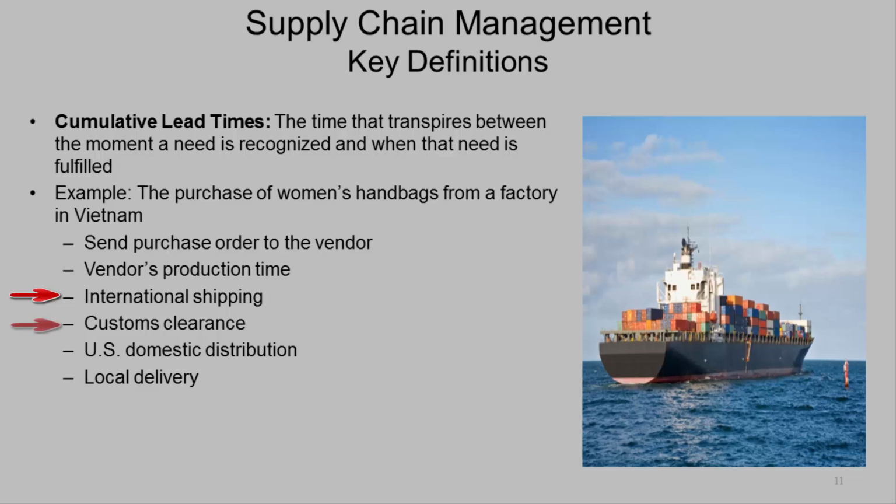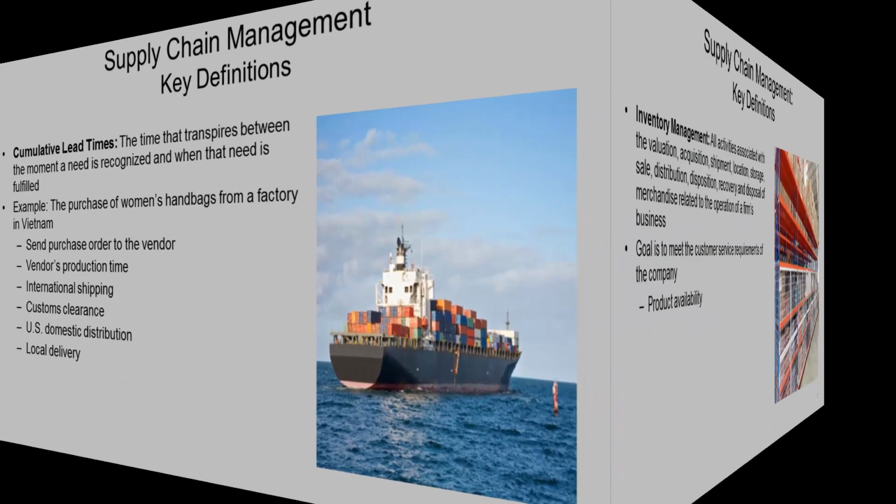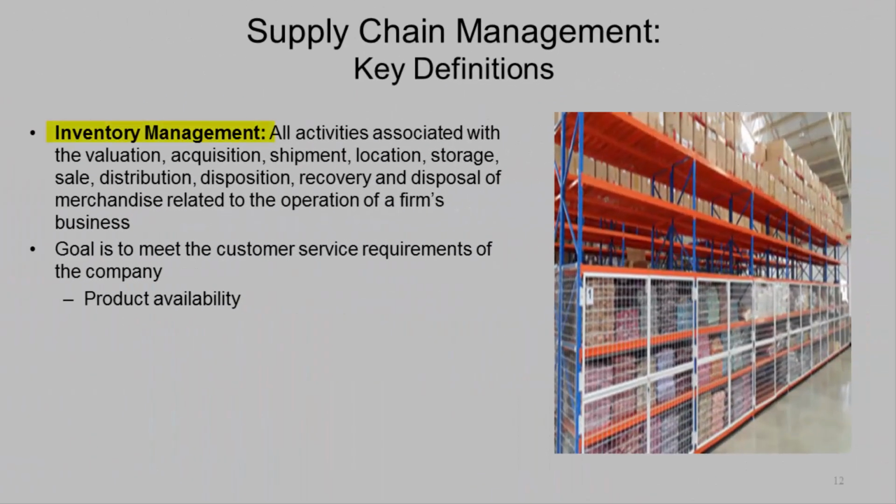How long is the customs clearance going to take? What's the domestic distribution time frame? How long is the local delivery? We have to bake that into all of our calculations to understand cumulative lead times, so we're placing orders in time to receive goods exactly when we need them. So landed cost and cumulative lead time are two parts of our four-part supply chain focus. The first being product sales, and the last being inventory management.